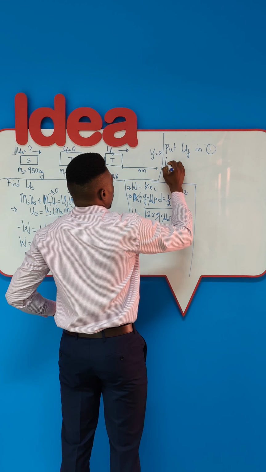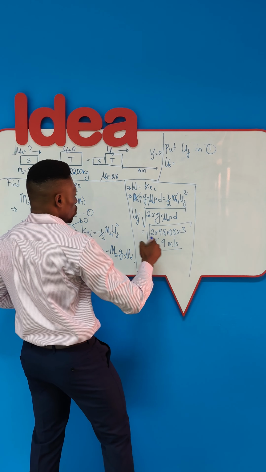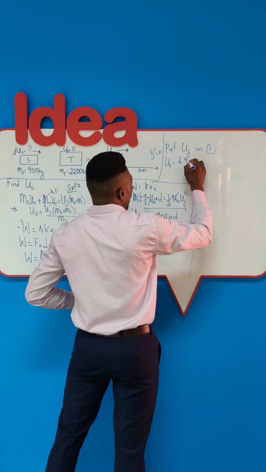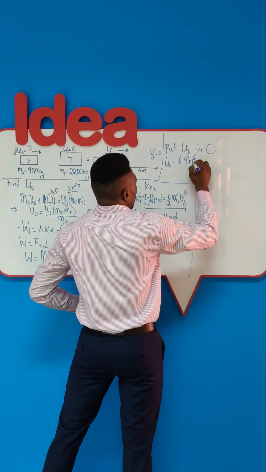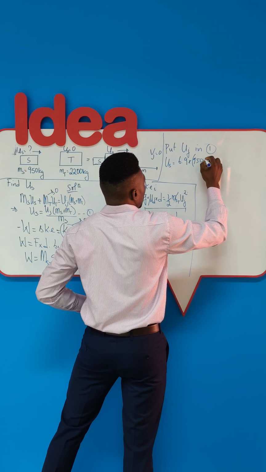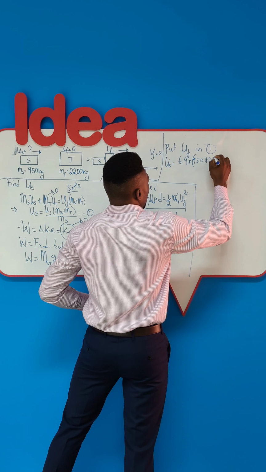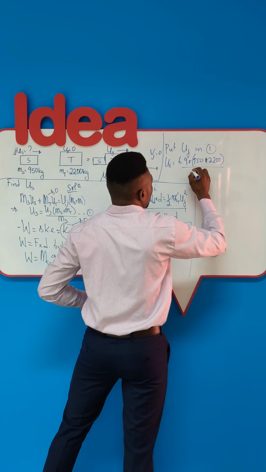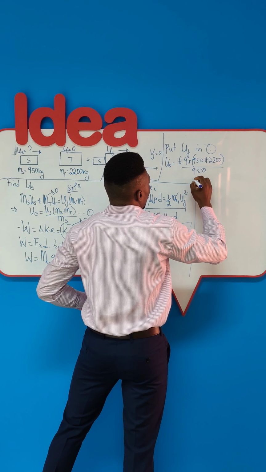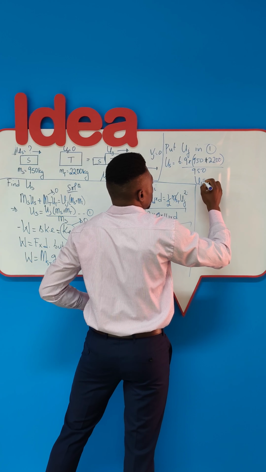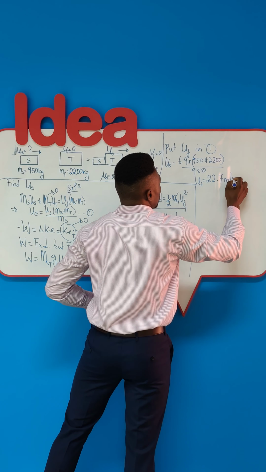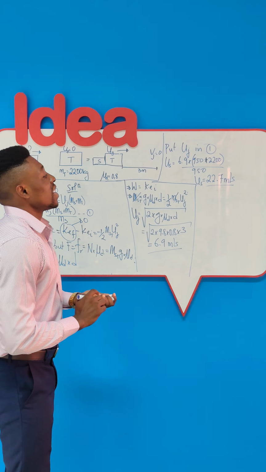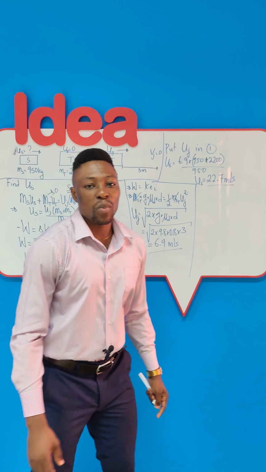So we will have that Us is going to be equal to Uj, 6.9, times the sum of their masses, that of the sports car first, 950, plus that of the truck, 2,200, all over 950. And if you correctly punch this in, this is going to be equal to 22 point, I think, roughly 7 meters per second. And this is the velocity of the sports car.